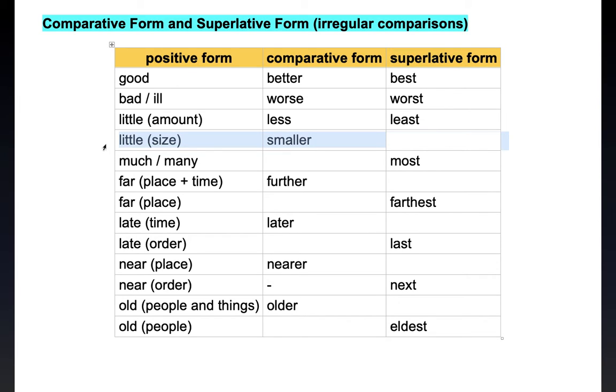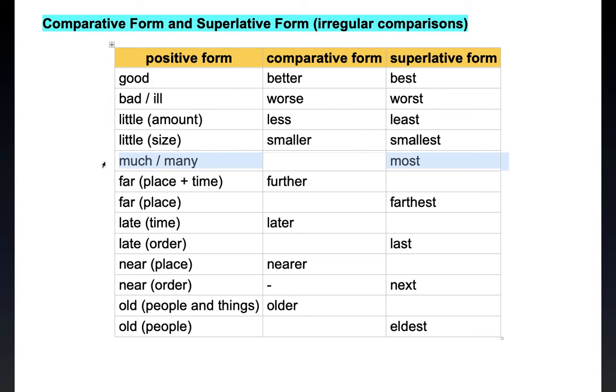Little es pequeño también, but in this case in size. En este caso en tamaño. Cuando yo digo es que mi casa es más pequeña que su apartamento. So you have to say smaller. My apartment is smaller than your house. And for the superlative form is smallest. And that's it. Very simple.